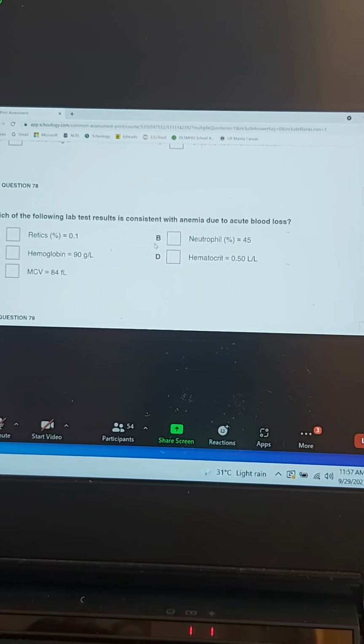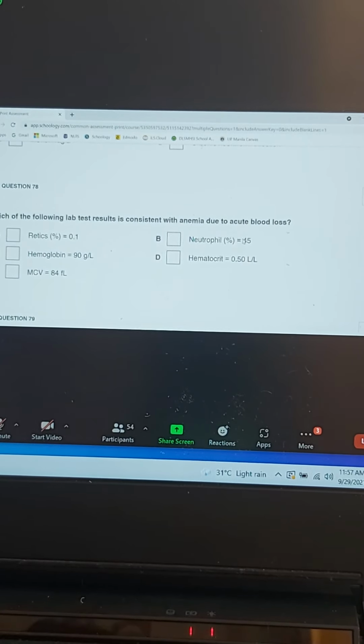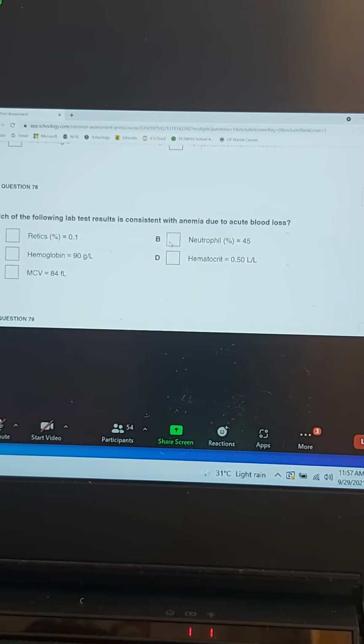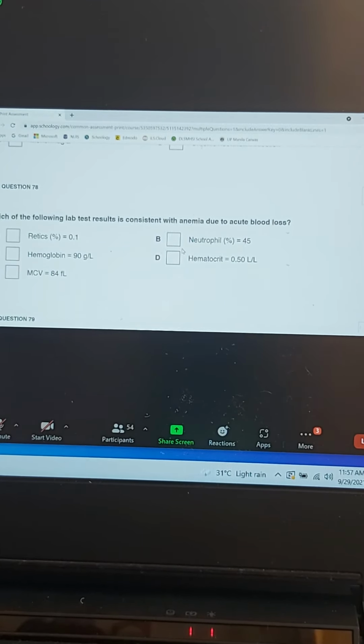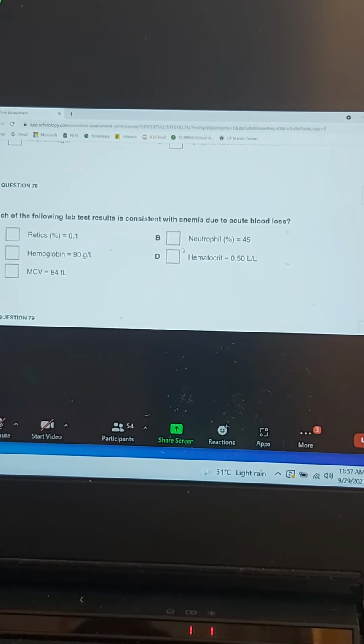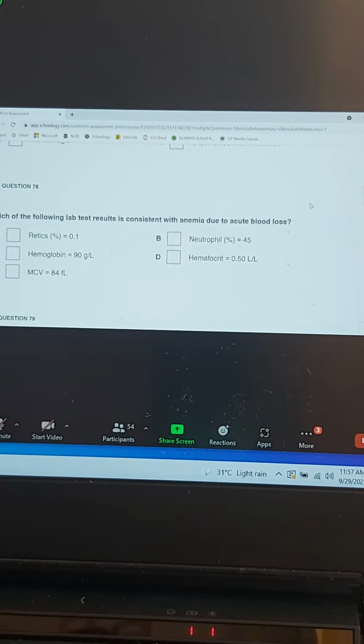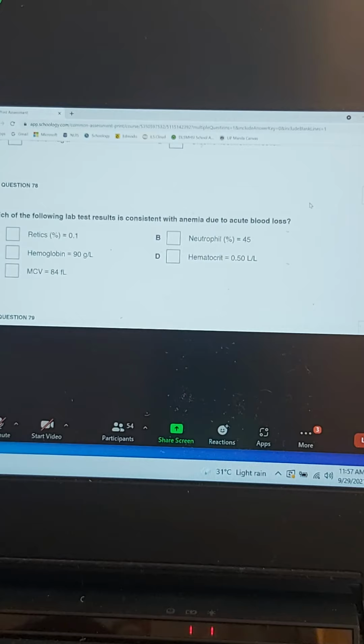How about letter B? Sa diff count natin, ano ba ang normal na proportion ng neutrophil? Class, anong normal na proportion?